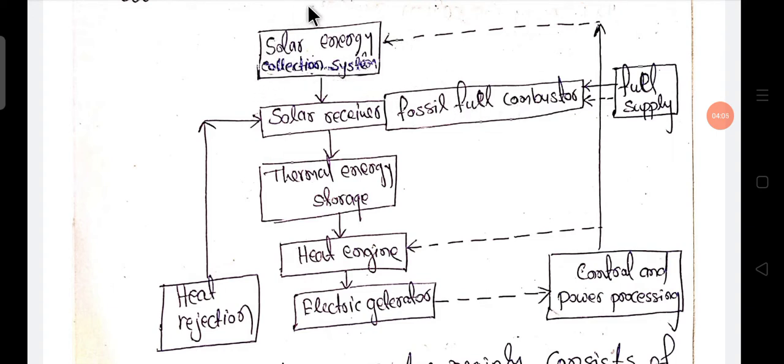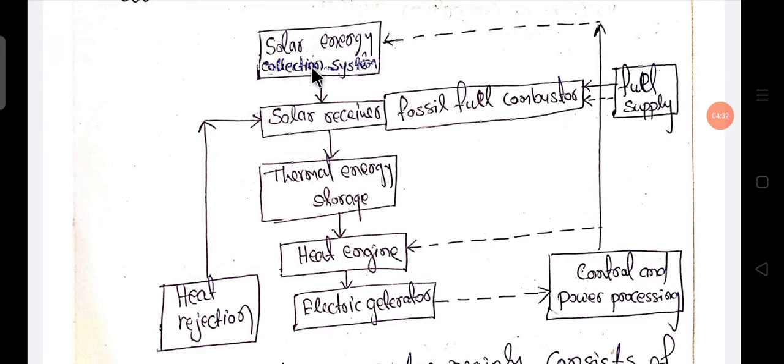Then after collecting, we give it to the solar receiver, which has absorbers or anything which receives the solar energy. In a similar stage, we use fossil fuel combustion.